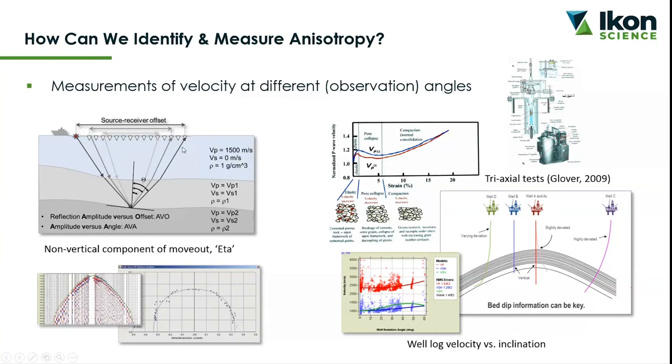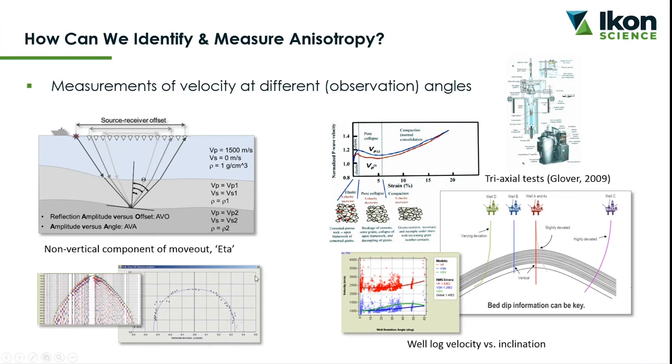So at the coarsest scale, if you like, we might have seismic acquisition, and of course there would be a vertical component of the moveout, referred to as the eta parameter. So we can come up with some forms of estimates of anisotropy for the very broad layering of the Earth as seen when acquiring seismic.